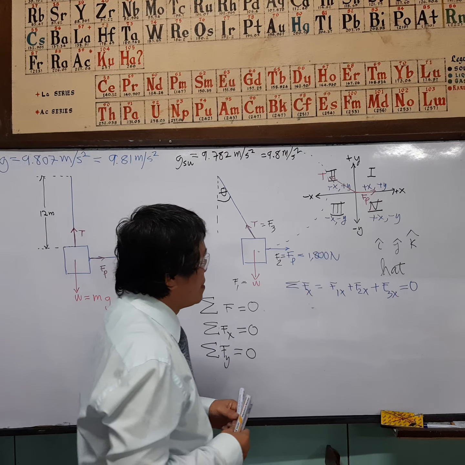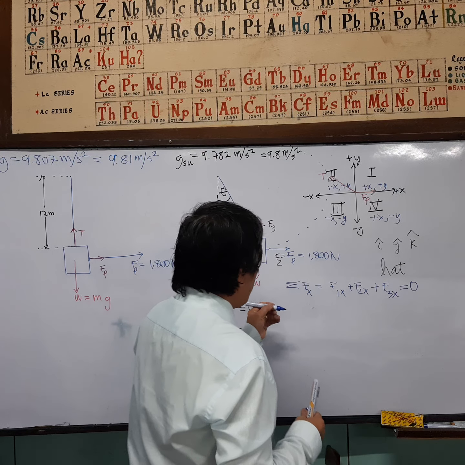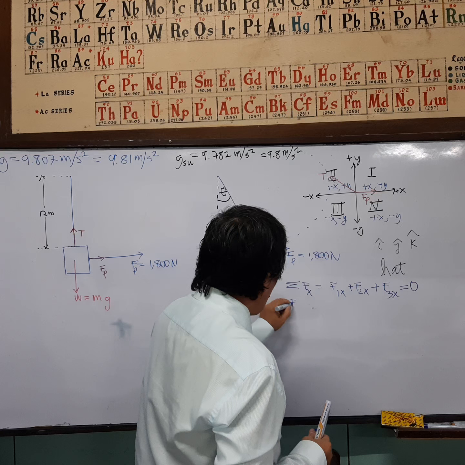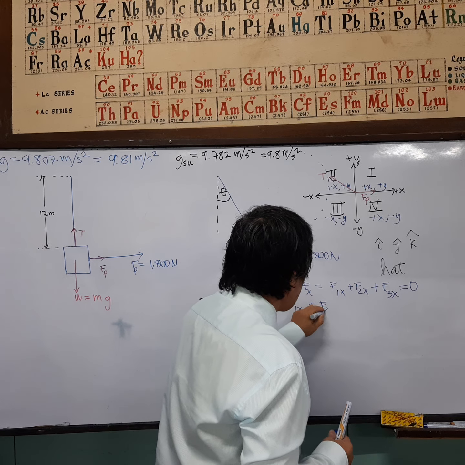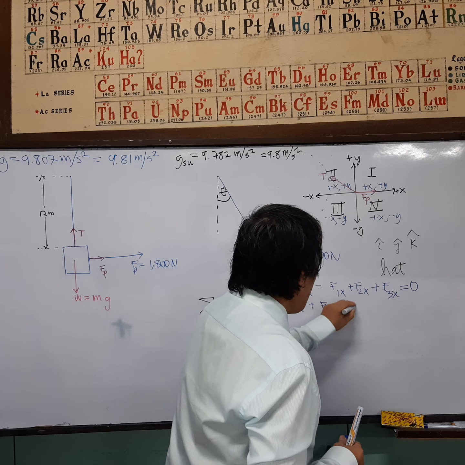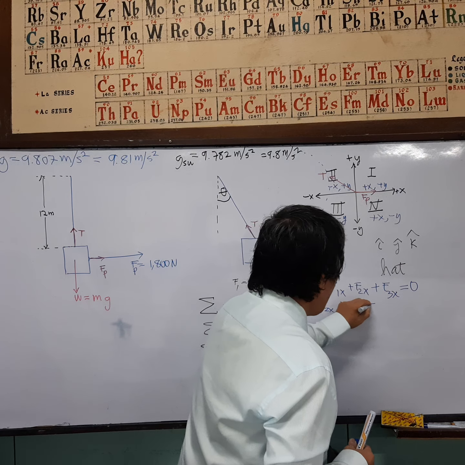In other words, you will have here F1x plus F2x plus F3x equals 0.